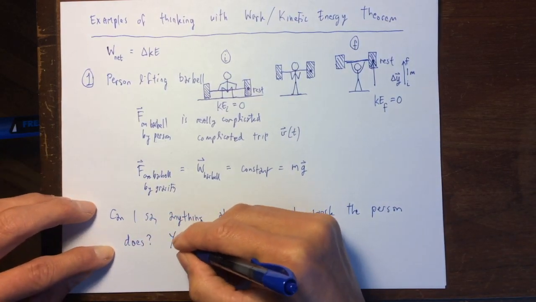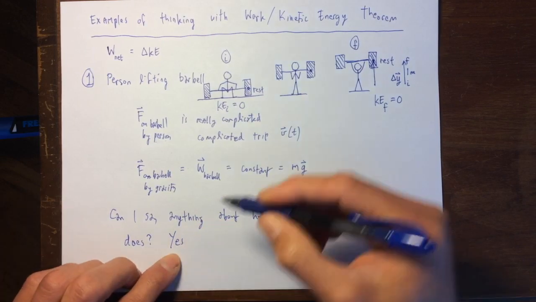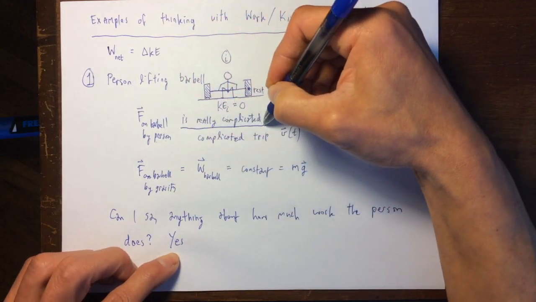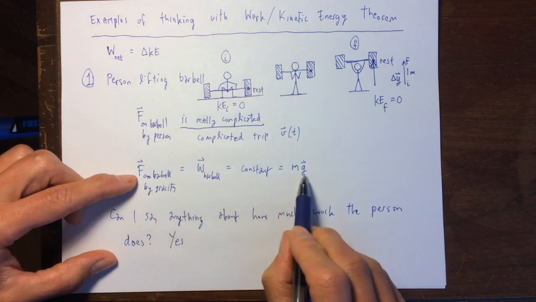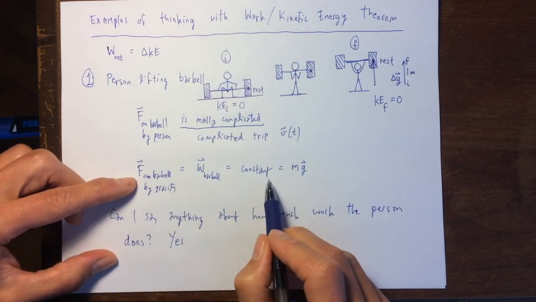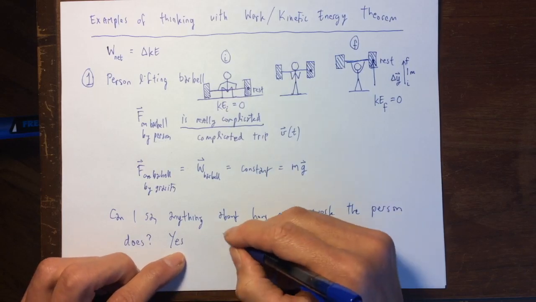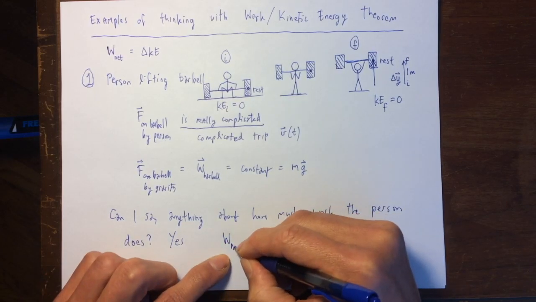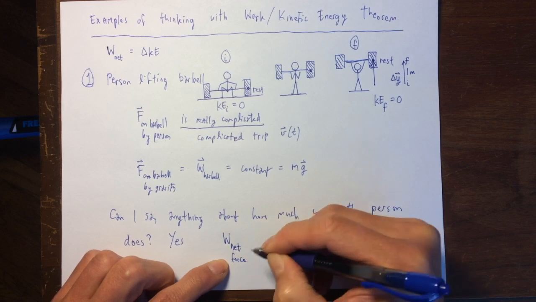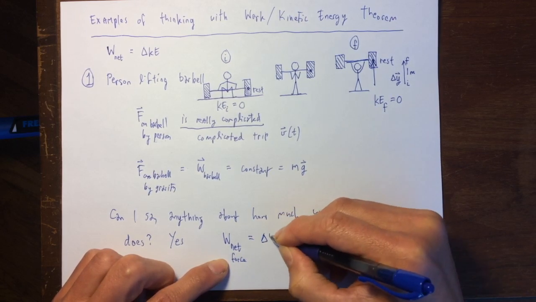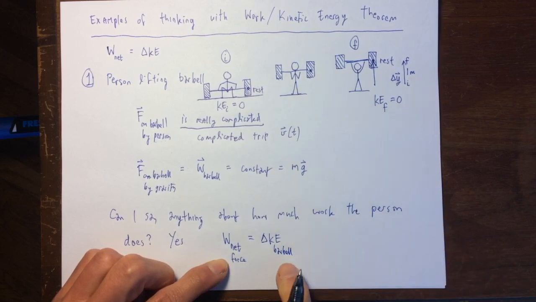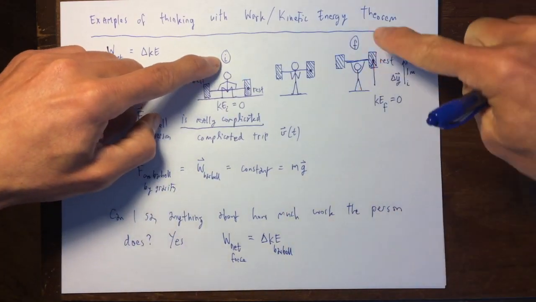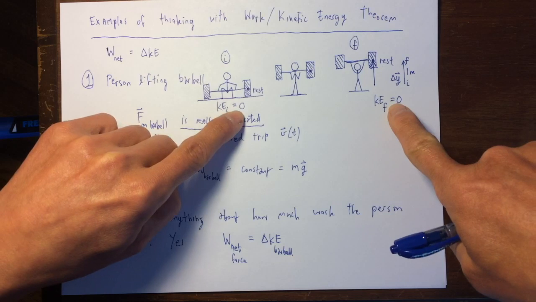And the answer is yes, but it's not by looking at the person's force. It's actually by looking at something that's very steady and constant. So the point is the work done by the net force is equal to the change in the kinetic energy of the barbell, and the barbell's kinetic energy did not change.